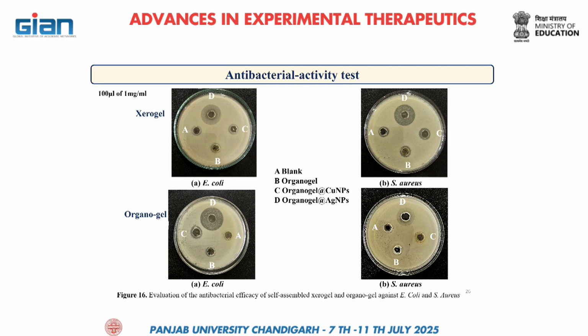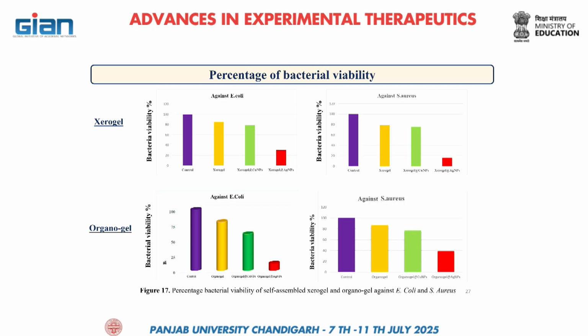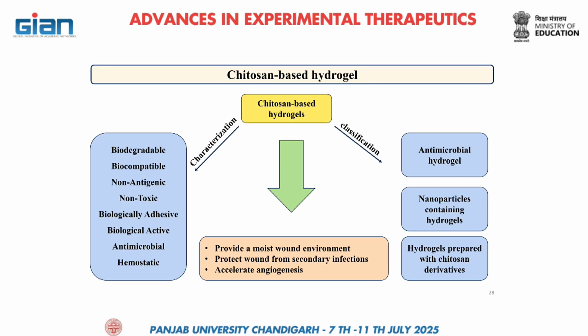If I compare a blank organogel, blank meaning only receptor, organogel, organogel copper, organogel silver in the form of xerogel and organogel, you can see organogel is a little bit better than the xerogel. But with organogel, you have to make it stable. That is the one problem which you have to take into account. In that way, we have seen that otherwise the xerogel is also giving you some of the activity which is not expected otherwise from the silver or copper nanoparticle.